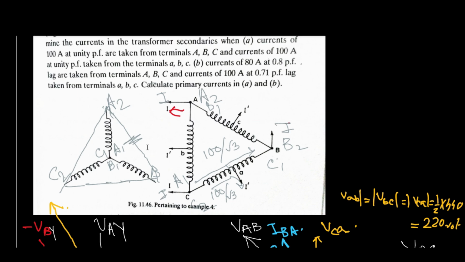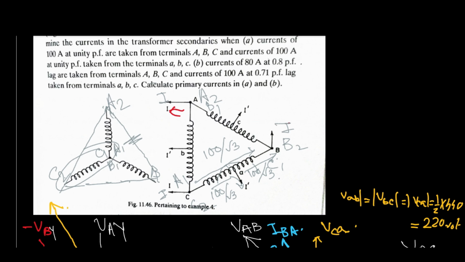However, try to understand that this is the C1, C2 winding. So for this C1, C2 winding you will have 100 by root 3, completely flowing through here. There is another 100 by root 3 flowing here, and they should be 120 degrees apart in time phase. Are you getting my point?